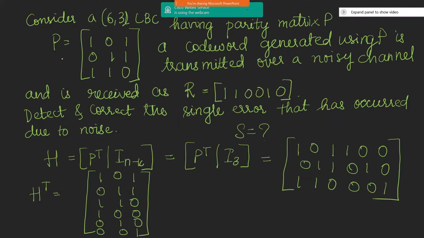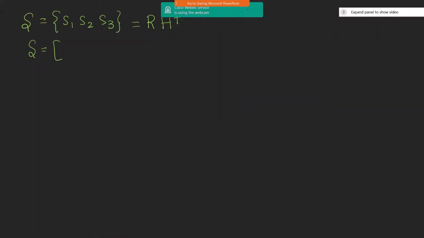So how to obtain the syndrome? The syndrome will be a vector of the size n minus k. That means it will consist of 3 bits in this particular case, obtained by multiplying the received vector r with the transpose of the parity check matrix. So the r vector that is given to us, let us rewrite this r vector. It is 1 1 0 0 1 0.